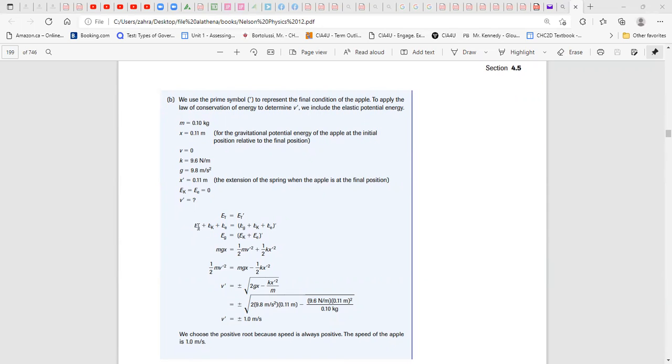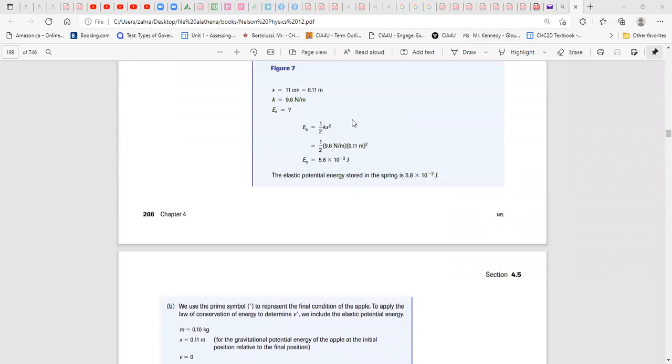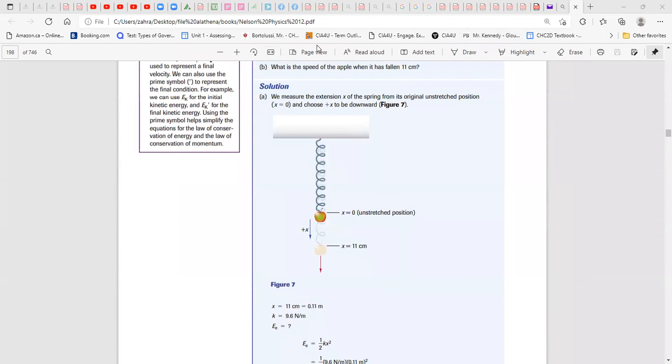So looking at that, when the apple is at equilibrium, let me just go back to the picture. Here on the first position, we assume that this is the edge, right?